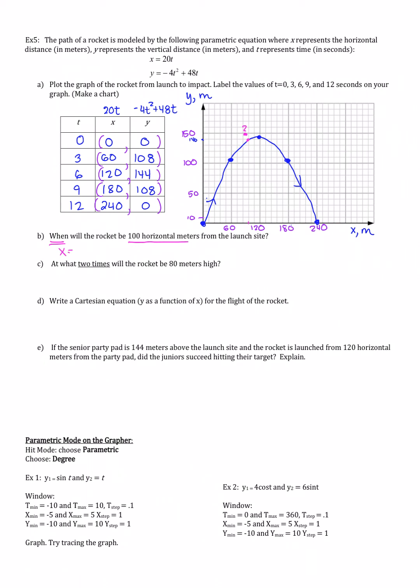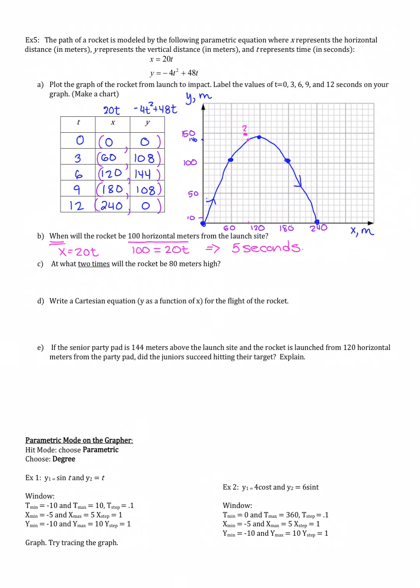So horizontal is governed by this equation, and since we're solving for time, that means we plug in 100 for the x, because that's our position. When I solve for time, I get 5 seconds. Whoops. Yeah, 5 seconds. Sorry, I looked at something else.